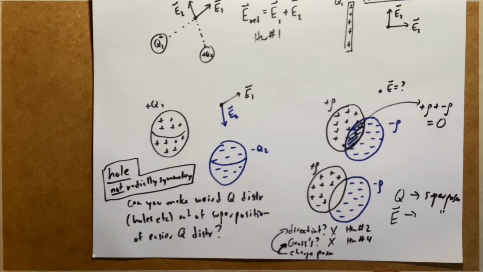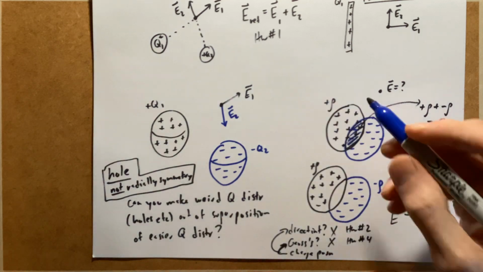So if your hole is not radially symmetric, that's a dead giveaway that this trick may be useful. It is useful in other applications as well. If you have some really strange looking charge distribution, can you make it out of simpler ones, just stacking them on top of each other?